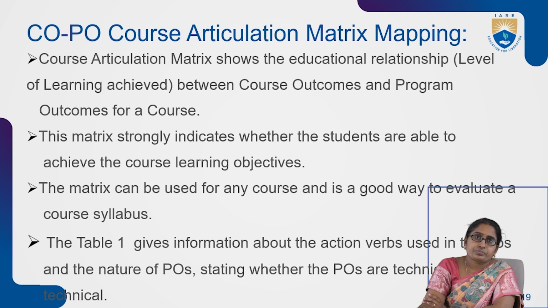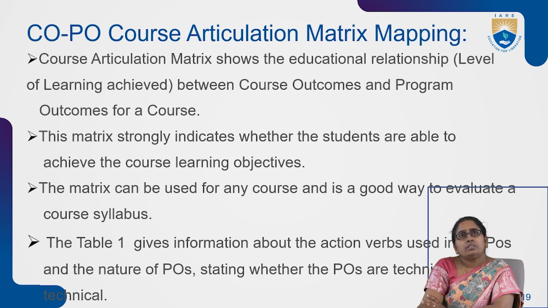As I mentioned in the last slide, there is a relationship between course outcome and program outcome using the formula: students should be able to, plus behavior, plus resulting evidence. That is how the course outcome statements are written. Now there is a matrix which clearly indicates the relationship between both of them, course outcome and program outcome.